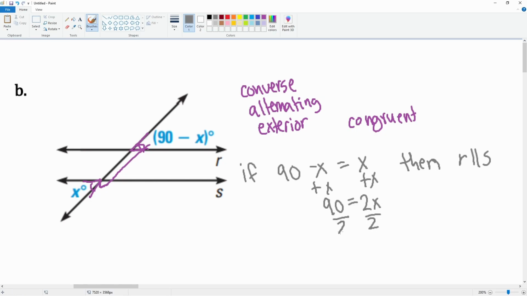Divide both sides by 2, you get 45 is equal to x. That means this is 45, and this is 90 minus 45, which is 45. So yes, this works, 45 and 45 because of alternate exterior angles. So if x is equal to 45, then lines R and S are parallel.